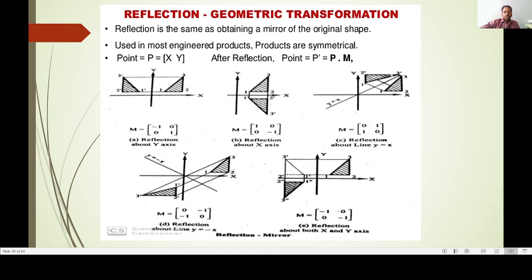The x coordinate and y coordinate will be interchanged with signs changed, so the matrix becomes 0, minus 1, minus 1, 0. Next, the reflection about both the x-axis and y-axis. The reflection will be in the x and y directions, so minus 1, 0, 0, minus 1.